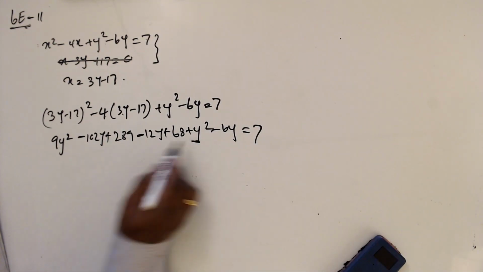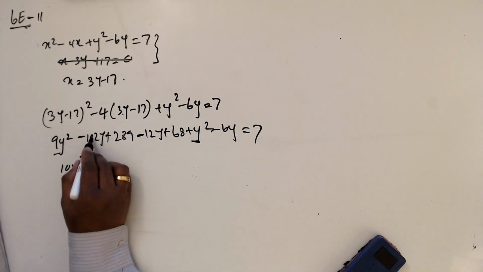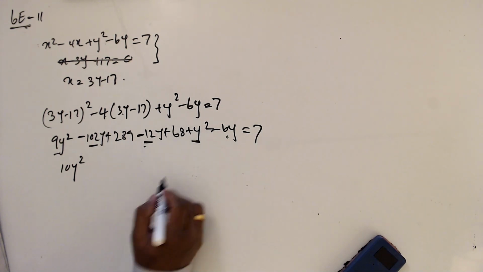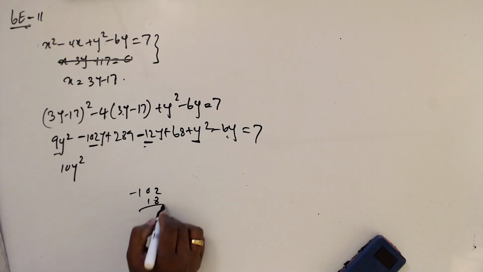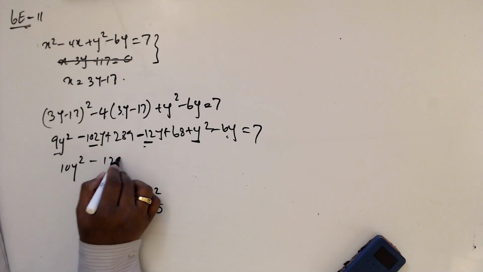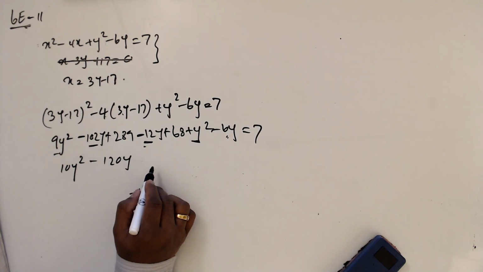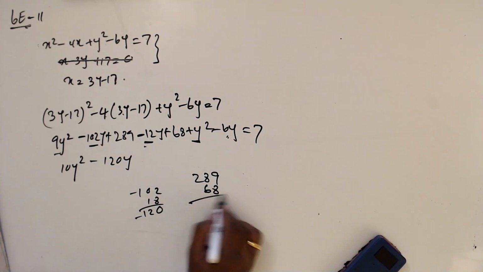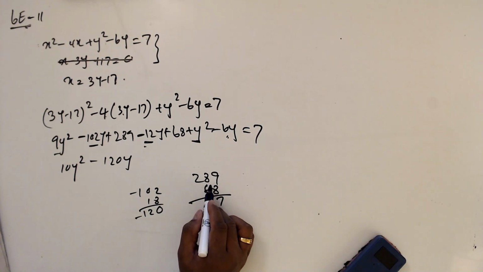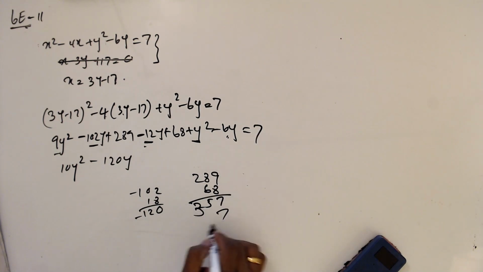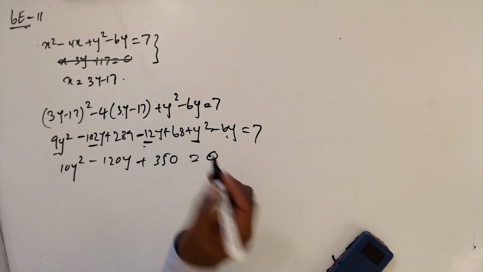So 9 minus this one, 10y square, this is 102y minus 12 and minus 6 minus 18, 102 and 18, 120y, 289 plus 68, 357 minus 7, 350 plus 350 equal 0.